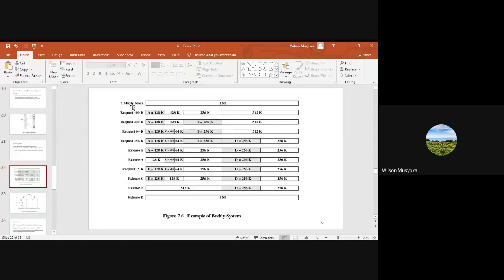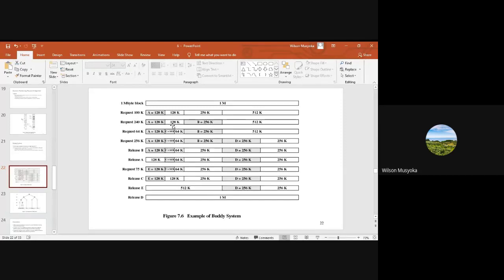So if you have this, this is 1 megabyte of memory. So the request is for 100 kilobytes. So what do you do? You divide this into 2, 512 and 512. Once you do that, 100K is still less. So this 512, you are going to divide it again into 2. That is 256 and 256.